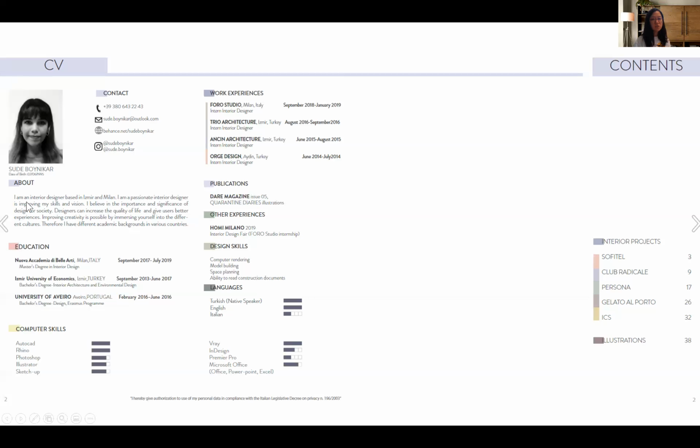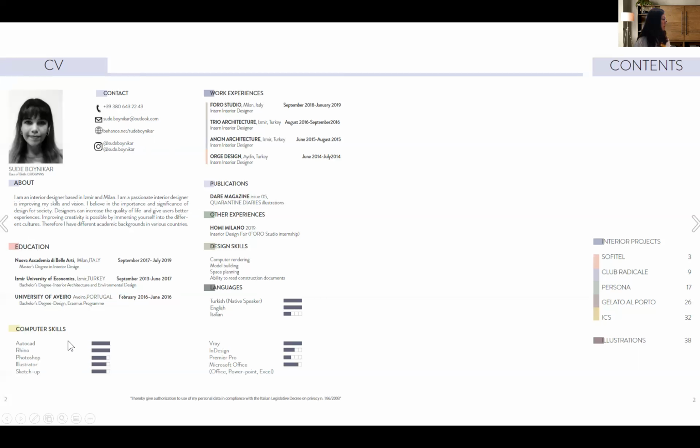So please insert your design statement in the bio page, and don't forget to put your contact info. Otherwise, they can't contact you. And education, like a simple version of educational experience, and computer skills.